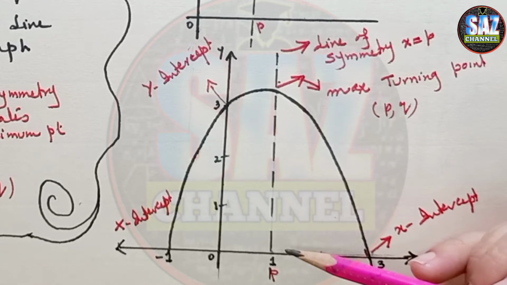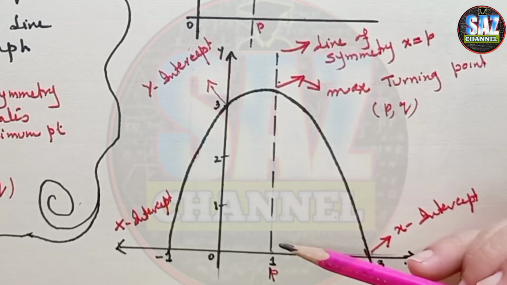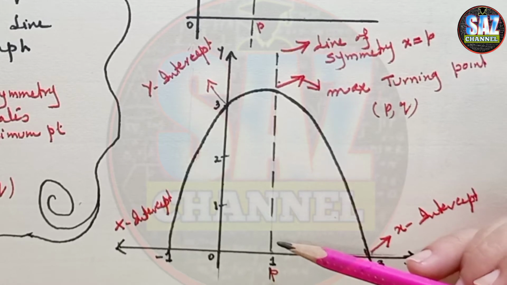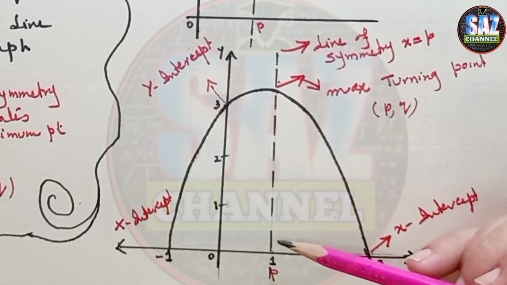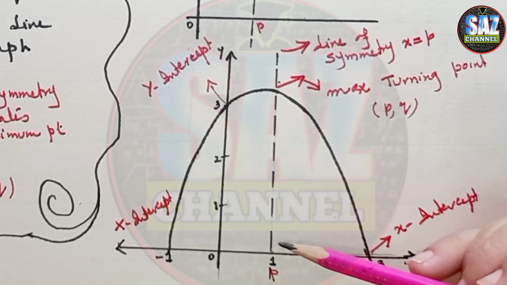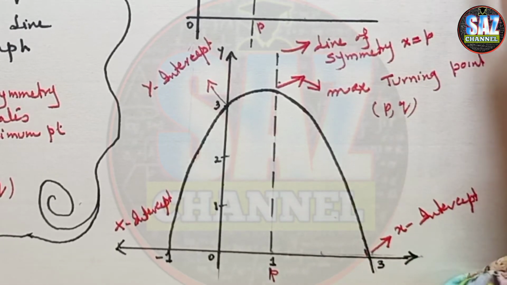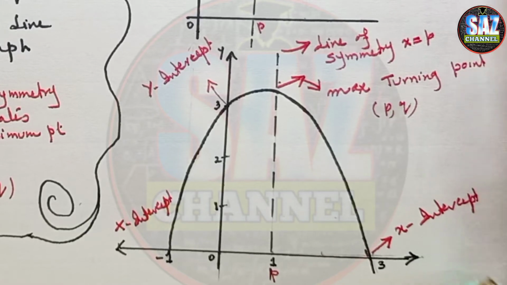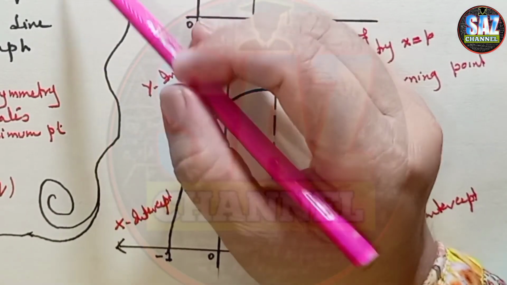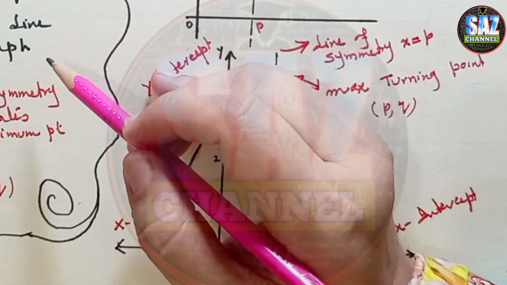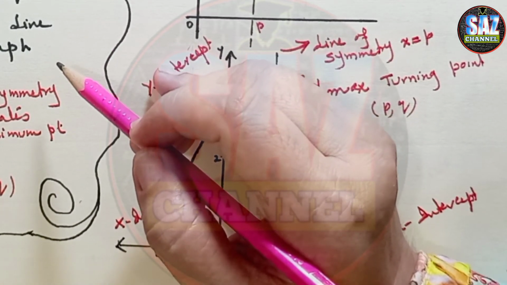I hope through these sketches you are clear how to make the sketch of the graph of the equation y equals (x minus p) whole squared plus q, or y equals minus (x minus p) whole squared plus q. Again, I'm trying to explain this procedure through 6 easy steps so that my students can keep these steps in mind while they're sketching the graph.